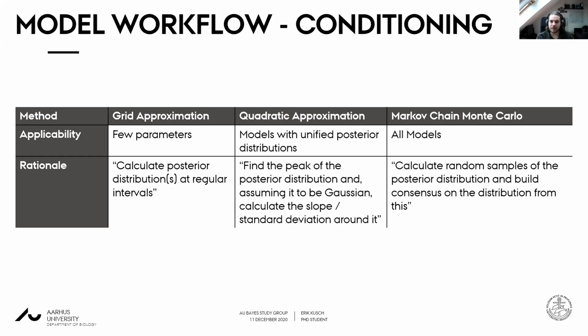Correct me if I'm wrong. I think so. Yeah, and both of these are limited. Like you said, grid approximation only handles a few parameters, quadratic approximation has the assumption of a normal posterior, and MCMC is just computationally quite exhaustive. So people in the past were not able to use them, and we're a generation who are able to use them. And I think this is awesome.